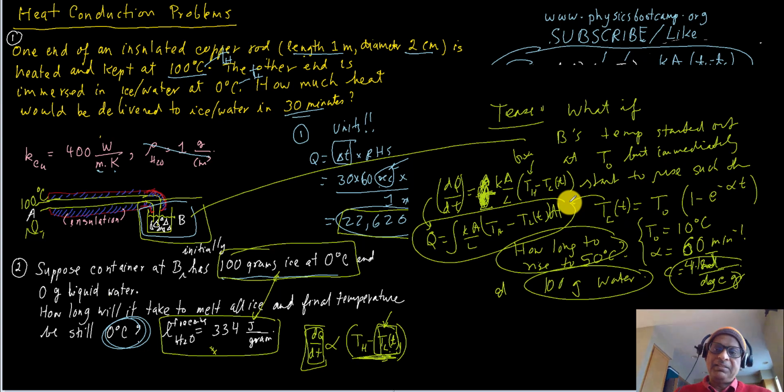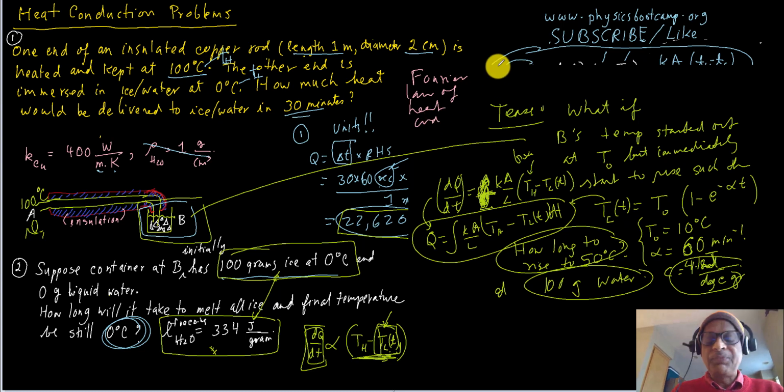I'll just leave it at that. I feel like a twist like that is possible in this kind of problem, but they're all coming from very simple application of Fourier's law. If I suggest something to remember, you should remember Fourier's law of heat conduction, and then you can apply it to different geometries. Here it is like a cylinder, but I could apply it to a cone.